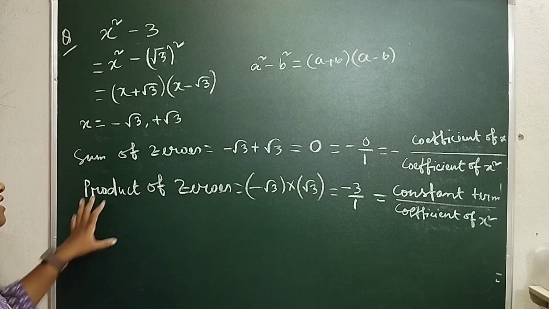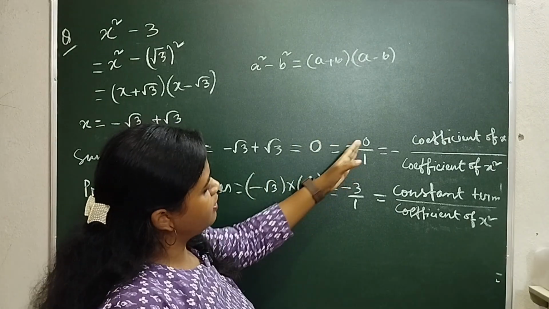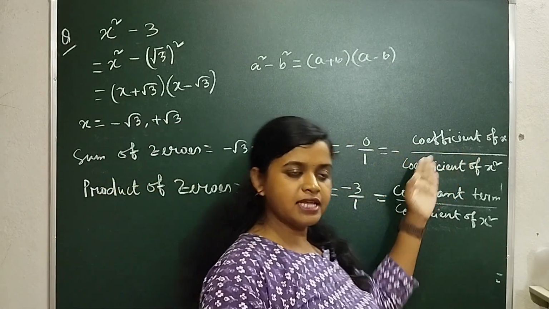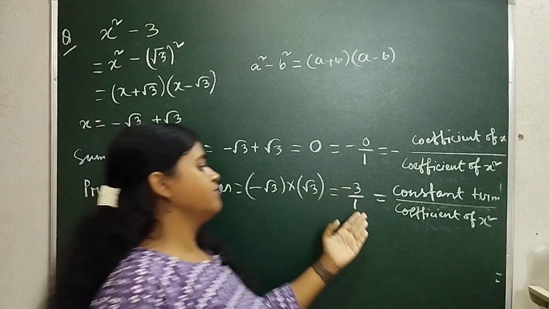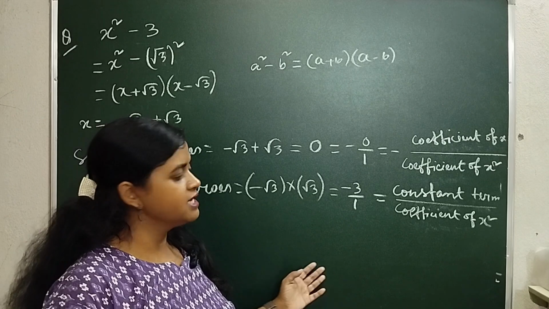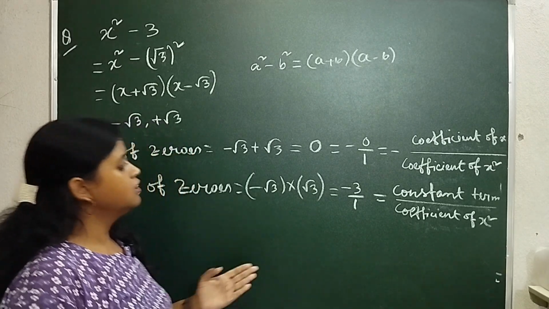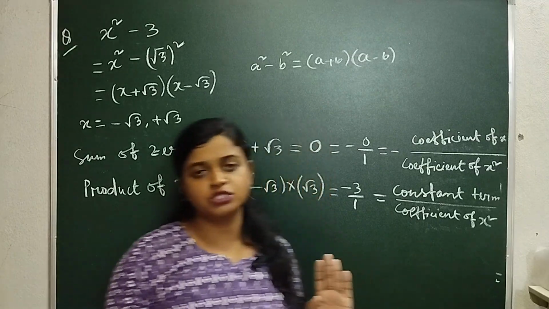Okay. So sum of the zeros is equal to minus 0 by 1, that is the coefficient of x by the coefficient of x square, and product of the zeros is equal to minus 3 by 1, that is the constant term by the coefficient of x square. And this is the required solution of this question.